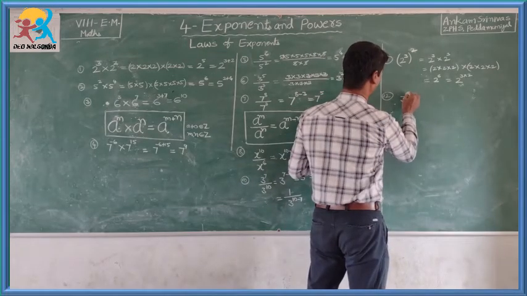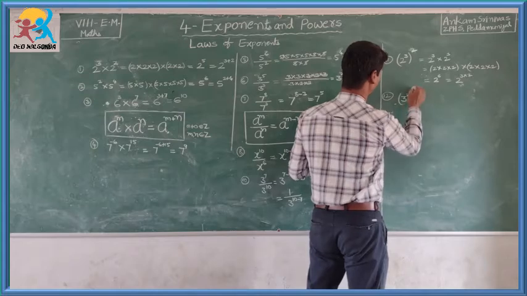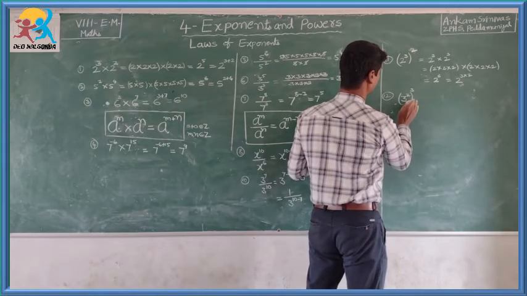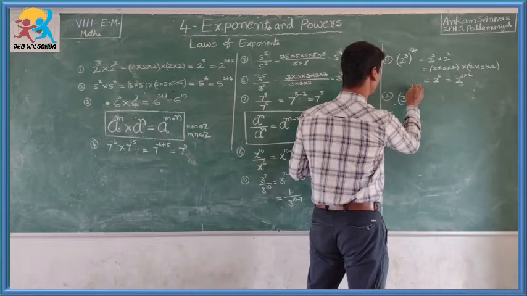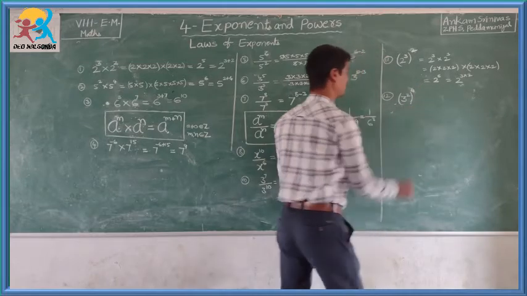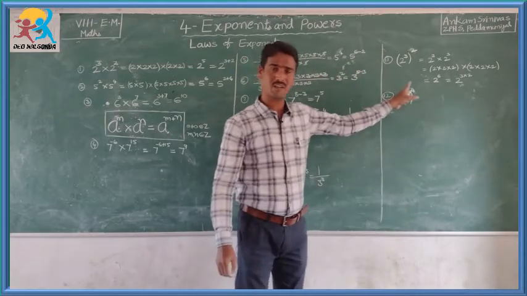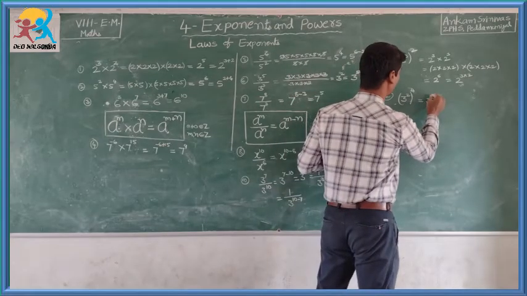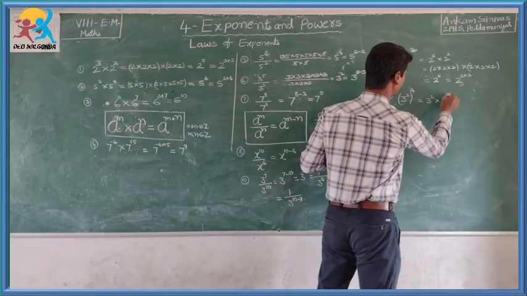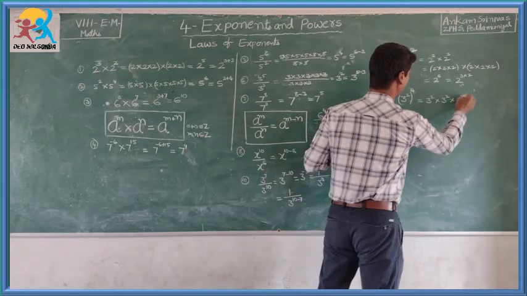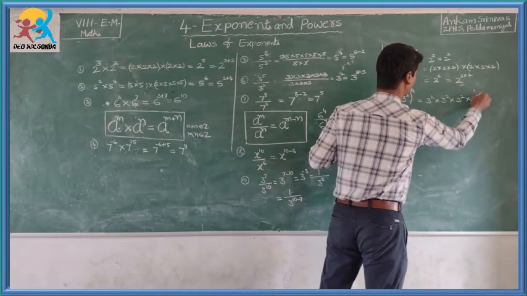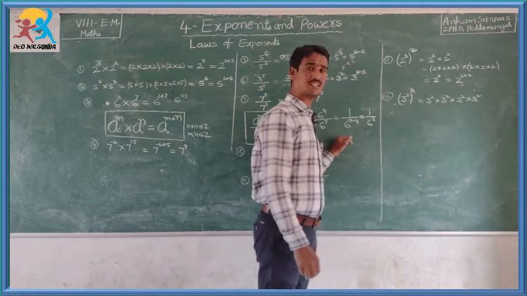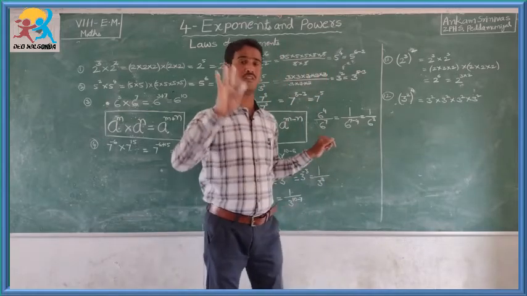Take another example. 3 power 2 whole power 4, 3 square whole power 4. Then it will be written as 3 square into 3 square into 3 square into 3 square. We have to multiply 3 square by itself 4 times.